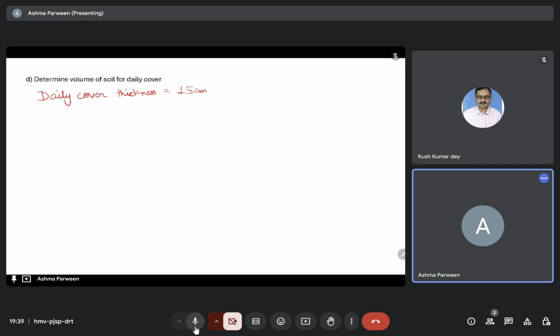So find the volume of the soil for daily cover for all the three specific weights which is given. So please try to solve this and then let's see how to solve this.